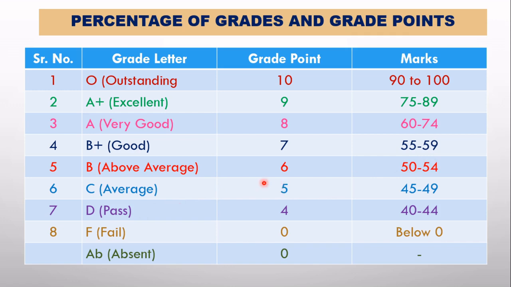C is average, so grade point will be 5, and the student has to get marks between 45 to 49. D gives the idea, it has grade point 4 and marks 40 to 45.